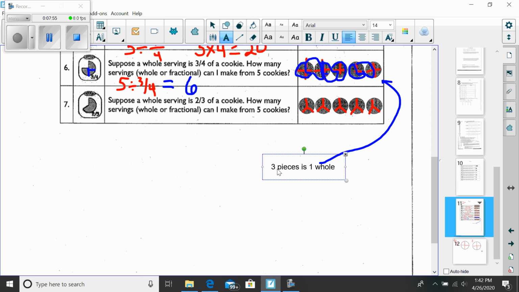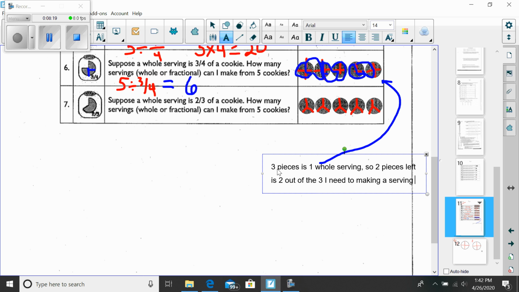So 2 pieces left is 2 out of the 3 I need to make a serving.